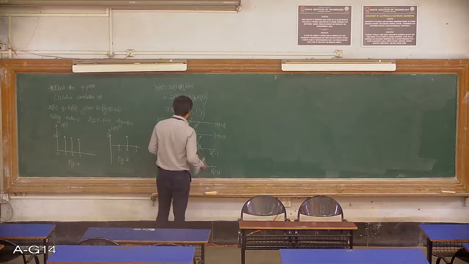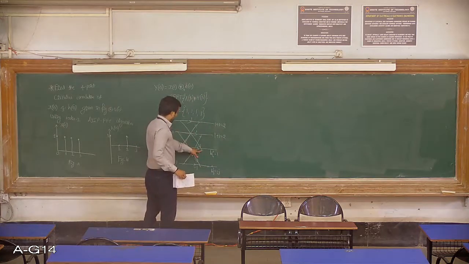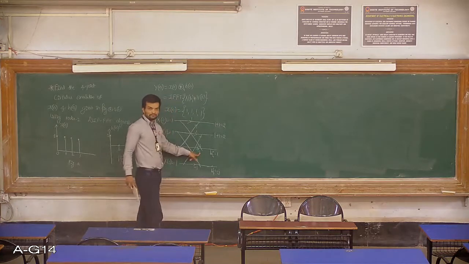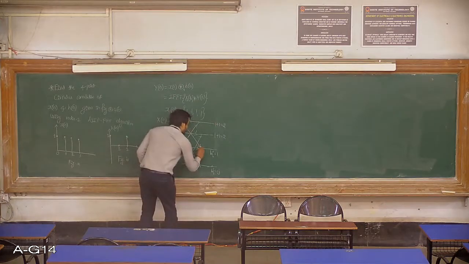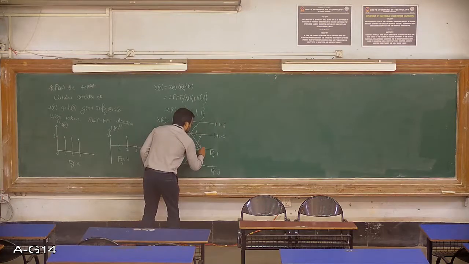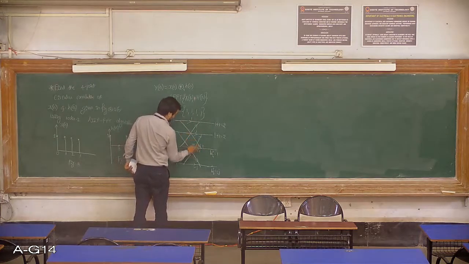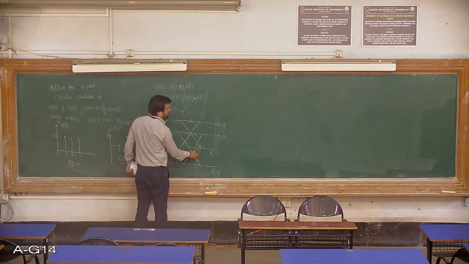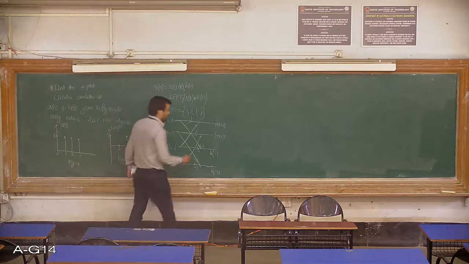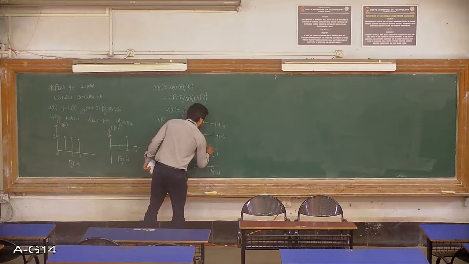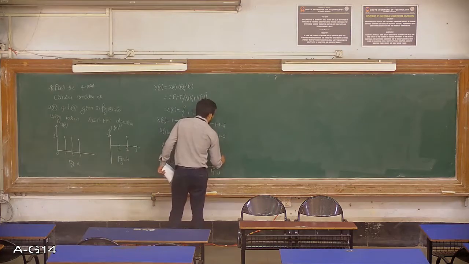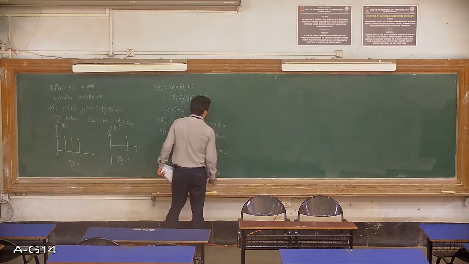Calculate the next value. What is the value here? 1. So what is the value here? 1 into minus 1. See here, what is the value here we'll get? So from here it is 1, and here 1 into minus 1. 1 into minus 1 is 0. 0 into 1 we'll get 0, right? So here it is 0.